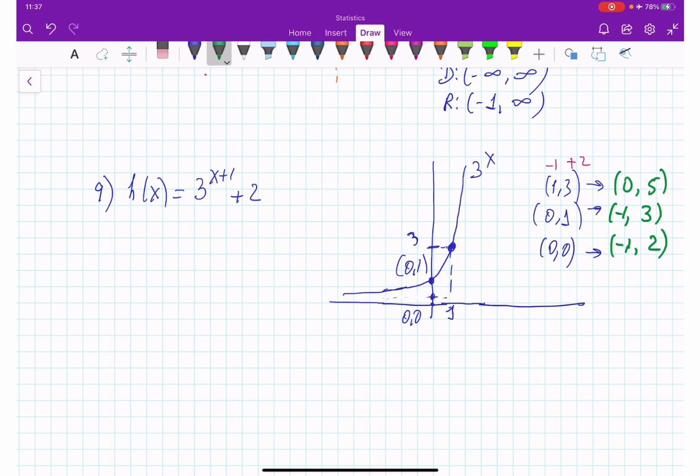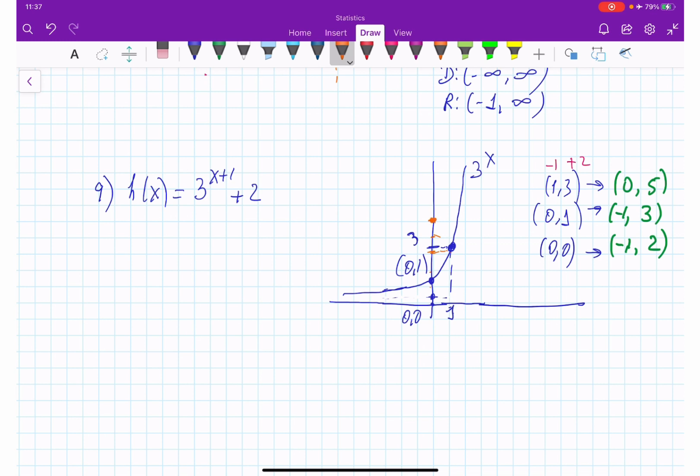It's gonna be my 1 and 3 point. It's gonna move to 0 and 5. This is 1, 2, this is 3, this is 4, this is 5.